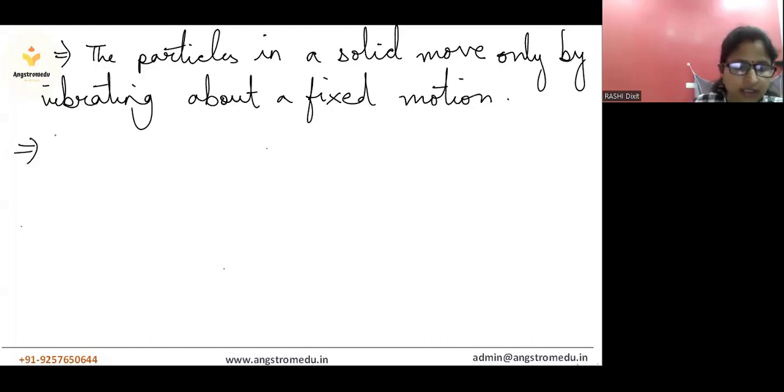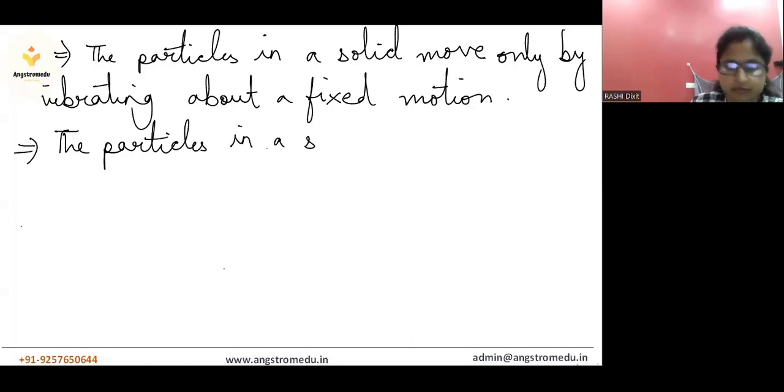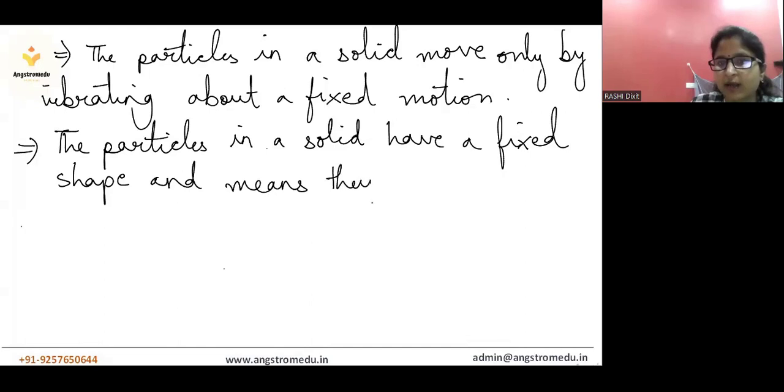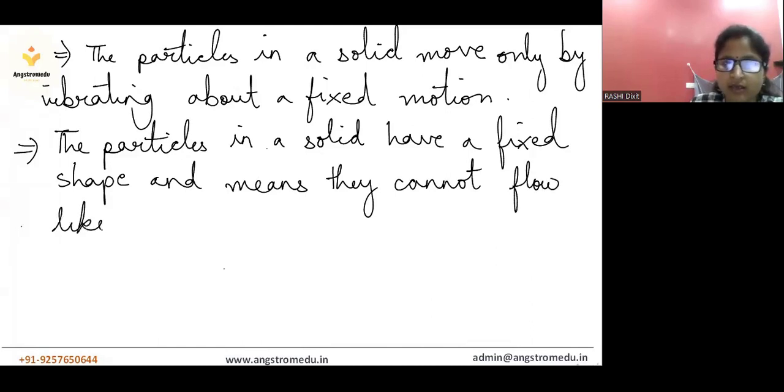Similarly, the particles in a solid have a fixed shape, which means they cannot flow like liquids. So since they have a fixed shape, they cannot flow like liquids.